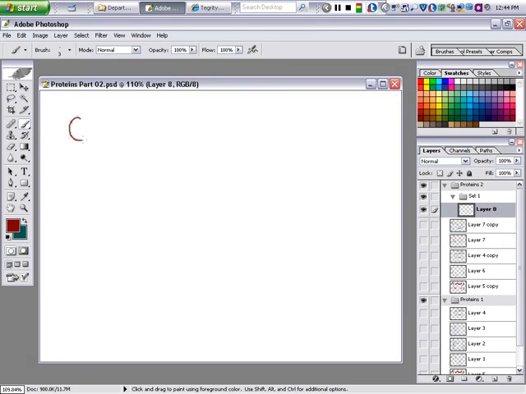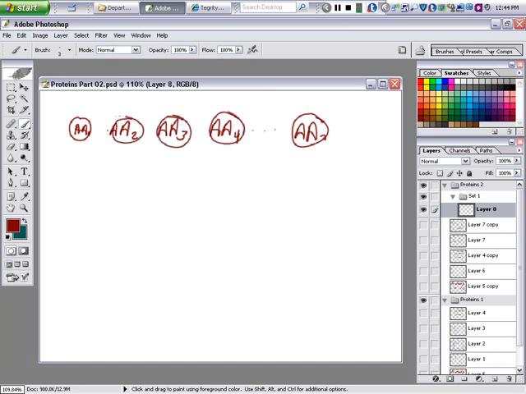If you just have amino acid 1, amino acid 2, amino acid 3, amino acid 4, ... amino acid N. If you just have the sequence of amino acids, just the sequence, what level of protein structure is this? Primary, exactly. This is primary.